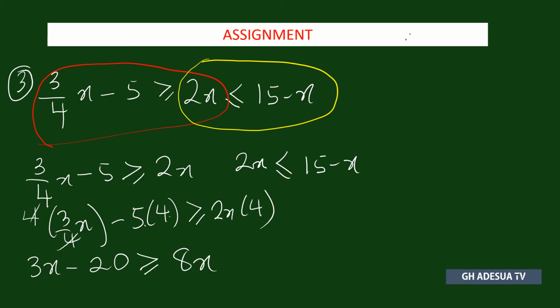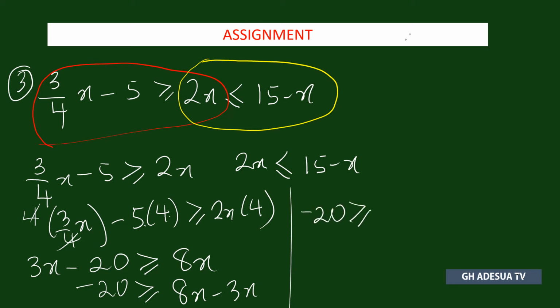Now we would want the x to be on the right hand side so that in our final equation we can have x in the middle, because this is the left side equation. So we'd rather take the 3x to the right hand side. So we'll have negative 20 greater or equal to 8x minus 3x. So in effect you have negative 20 greater or equal to 5x.